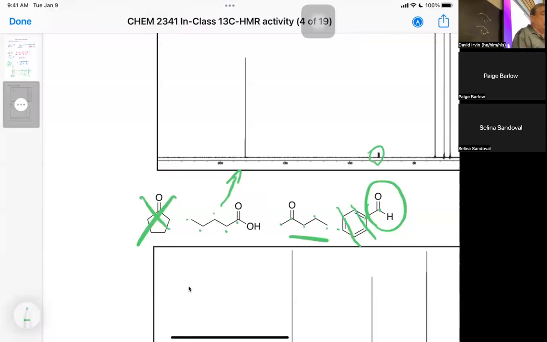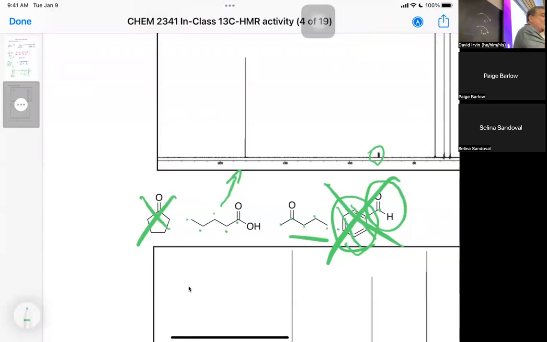Okay, let's do some other things. Where would these peaks on the benzene show up? They're going to be 100 to 160. Do we have anything in that range? No, so we can eliminate this one. Yay, we're down to 2, 50-50. Okay, so we have to pay attention to which do we think it's going to be?